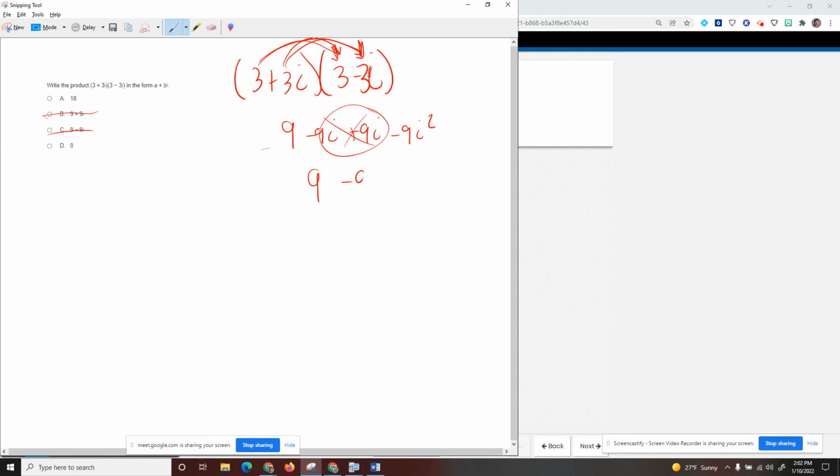And then I have 9 minus 9i squared. i squared is equal to negative 1. So that negative 1 I'm going to substitute in for i squared. I have 9 minus 9 times negative 1. Negative 9 times negative 1 is positive 9. So 9 plus 9 is 18. So answer choice A here. And you can see how easy it would be to flip a sign and get 9 minus 9 somewhere and get 0 as your answer. Just be careful for a question like this.